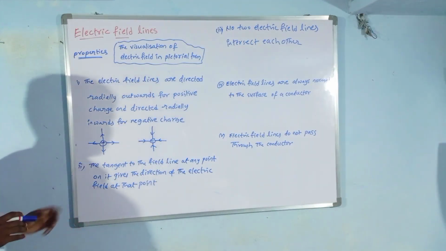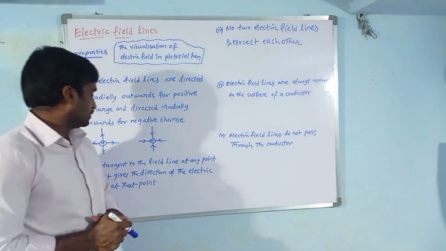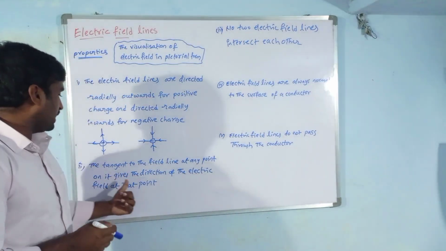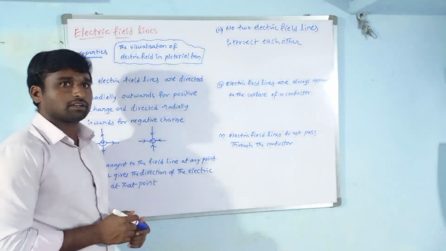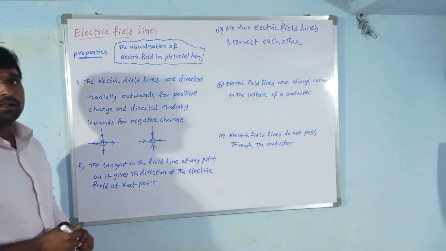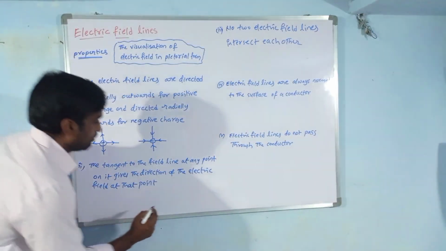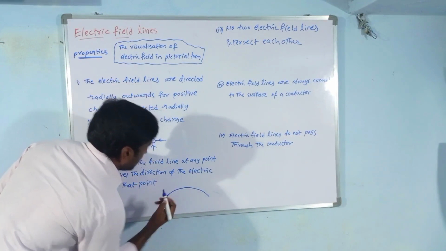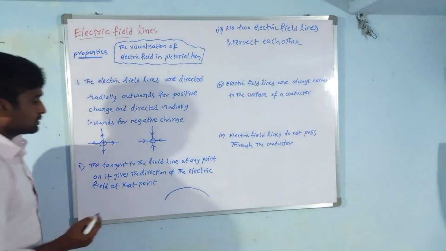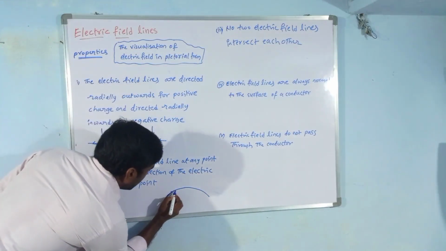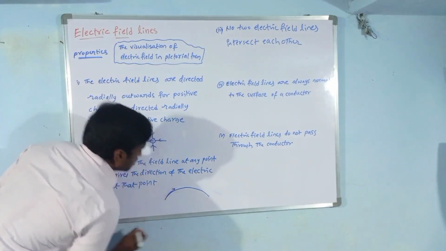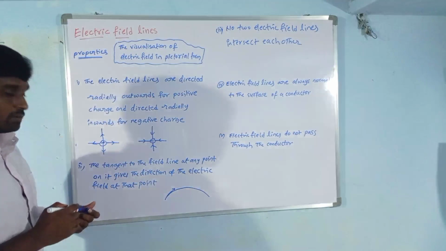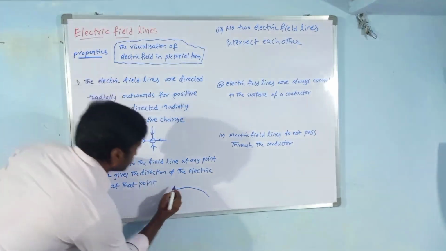So what is the second property? The tangent to the field line at any point on it gives the direction of the electric field at that point. Suppose this is an electric field line, a curved line. If we draw a tangent at this point, this tangent gives the direction of the electric field.